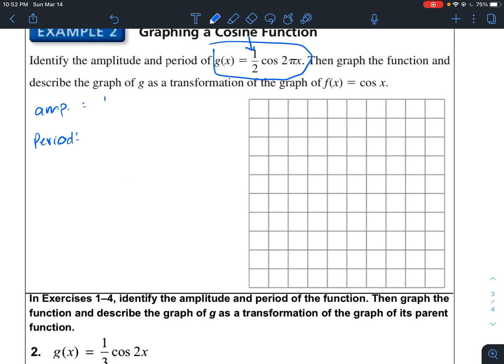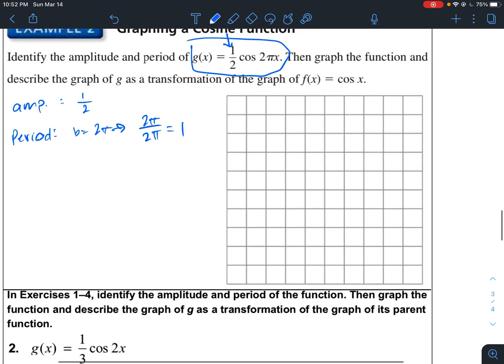So that means it's going to be 1/2. That's our amplitude. Cosine is 2 pi. So if b is equal to 2 pi, period is 2 pi over b. So 2 pi over 2 pi. So our period is just going to be 1.